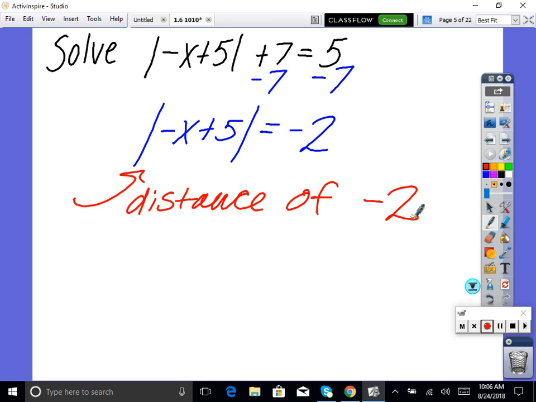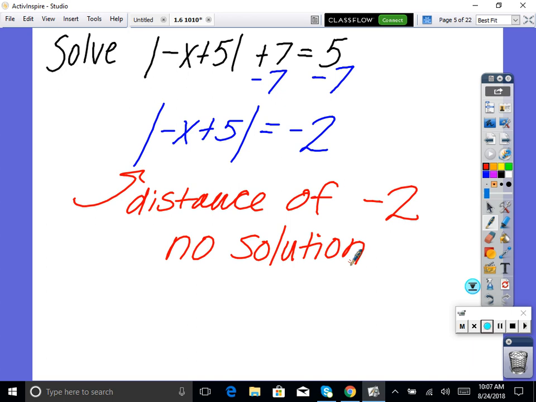Can you have a negative distance? No, that wouldn't make sense. So because it's negative, we have to say no solution, because there would be no negative distance. When it was positive, it was okay because it's a distance, and we then give the distance in the positive direction and the negative direction, but that's different than a negative distance. No solution would be our answer here.